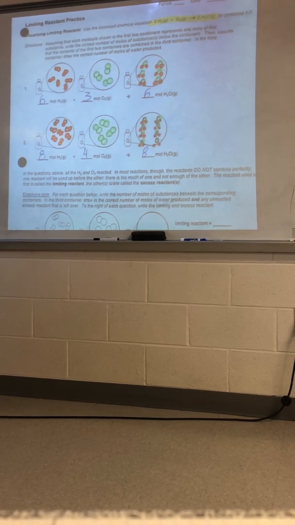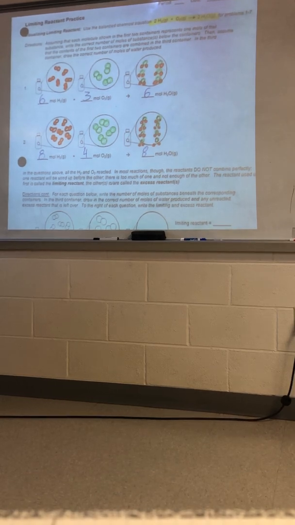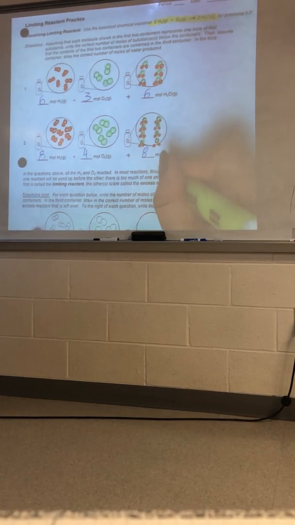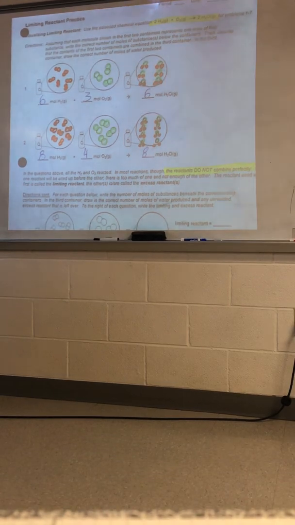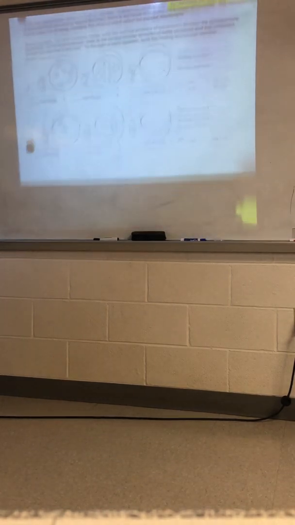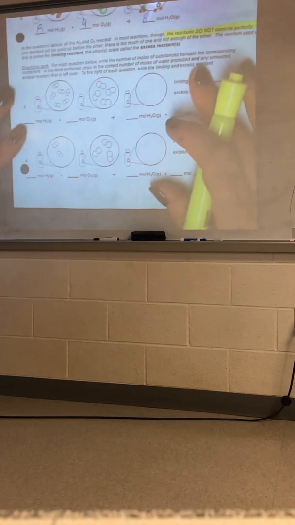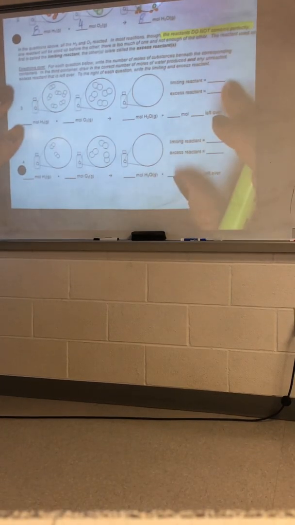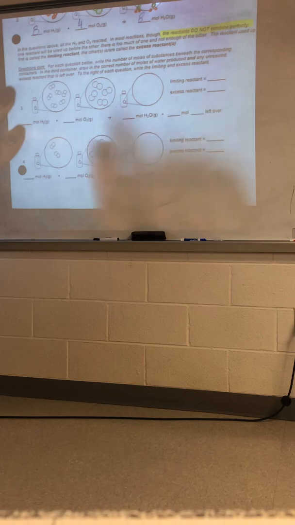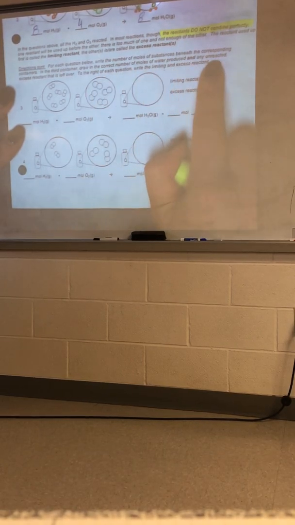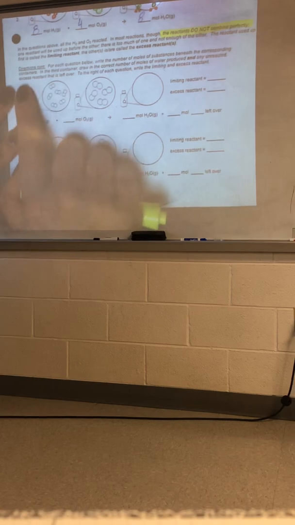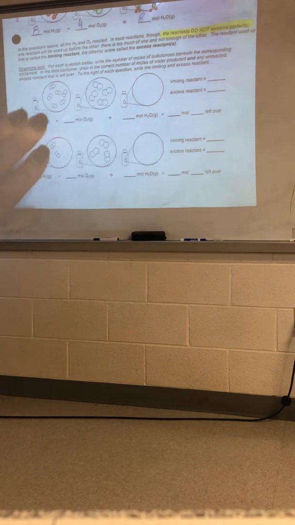But in the next example, we are going to look at what happens if the reactants do not combine perfectly. Now let me move this up. What happens if you have too much of one or not enough of the other one? So the directions are the same. I will draw the correct number of moles and any unreacted excess reactant, okay?